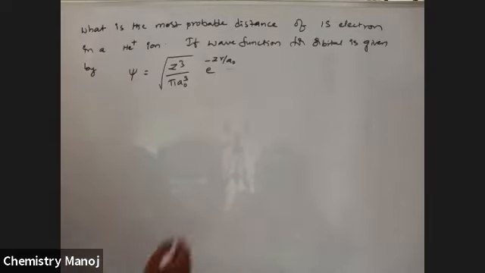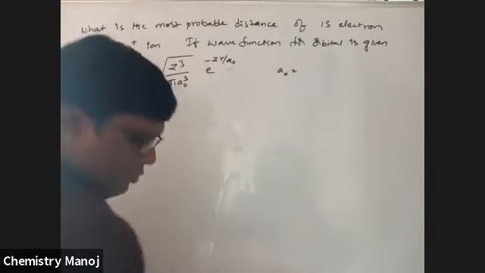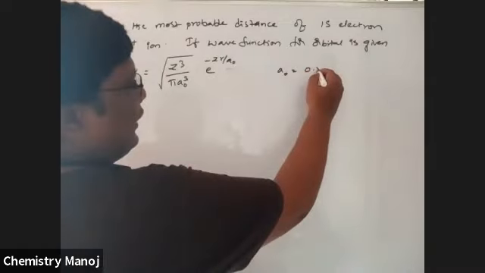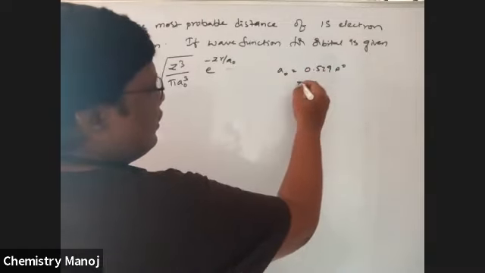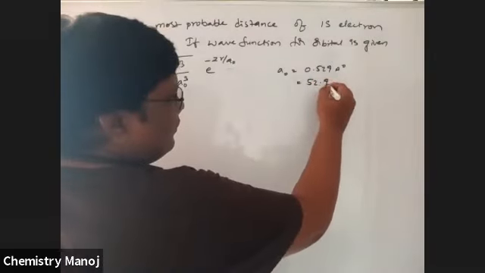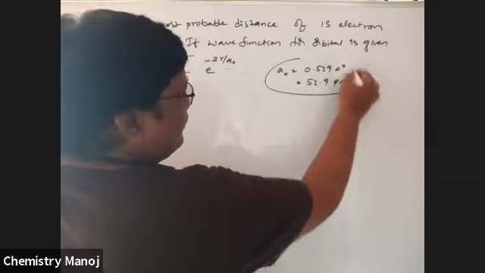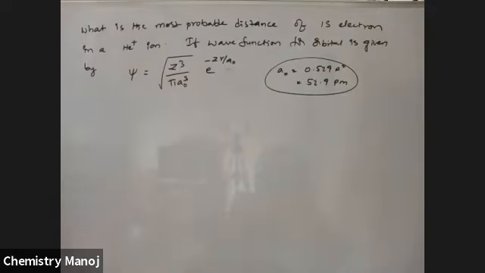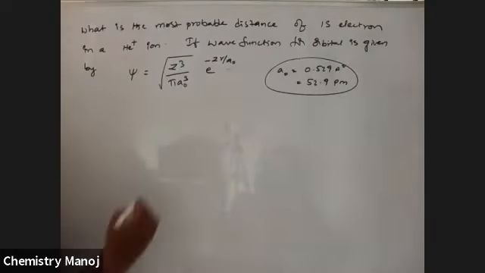Here A naught is equal to 0.529 angstroms or 52.9 picometers.